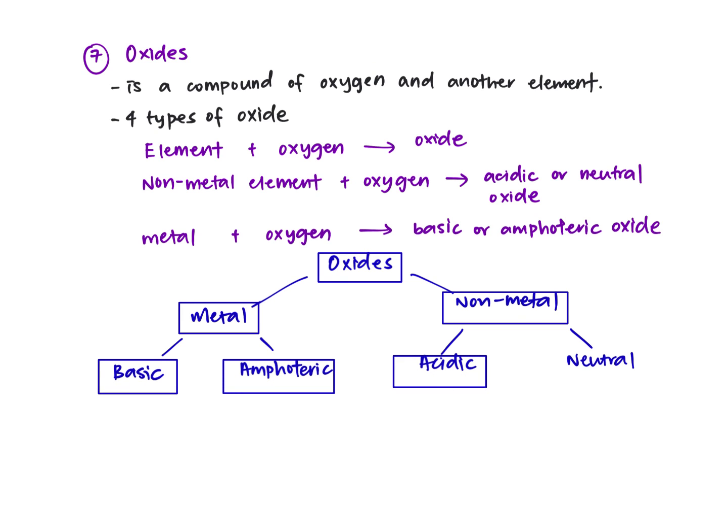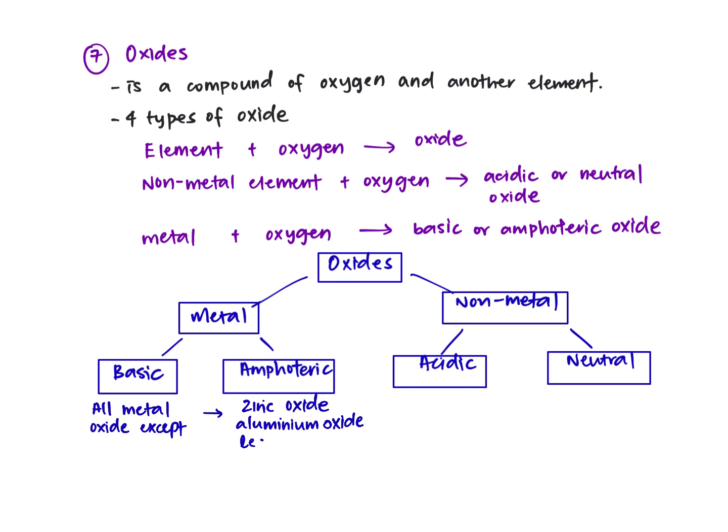If it's a non-metal, it could be an acidic or neutral oxide. So basic oxides, all metal oxides except for zinc oxide, aluminium oxide, or lead-2 oxide, they are basic.